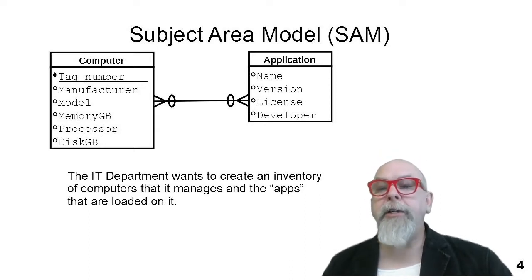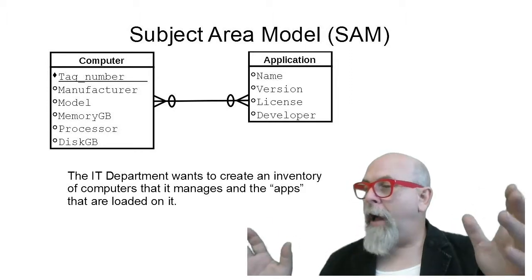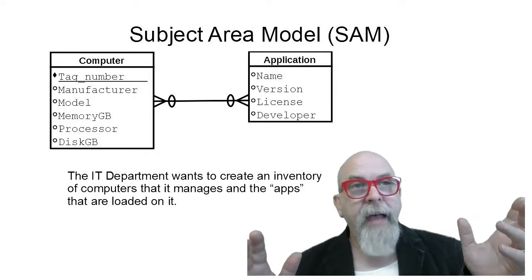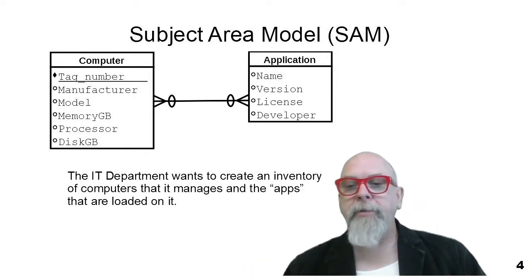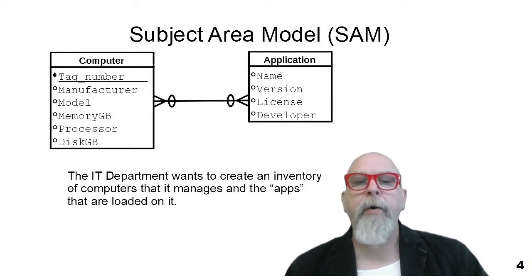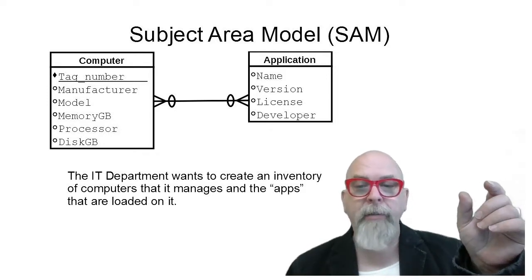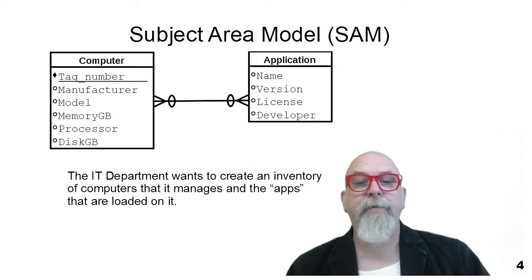So in a subject area model, looking at the problem from way up, looking at the problem from 10,000 feet, looking at just the subject of the problem, we have computers, and we know that every computer's got a little tag on it, so we know that's the ID for a computer.